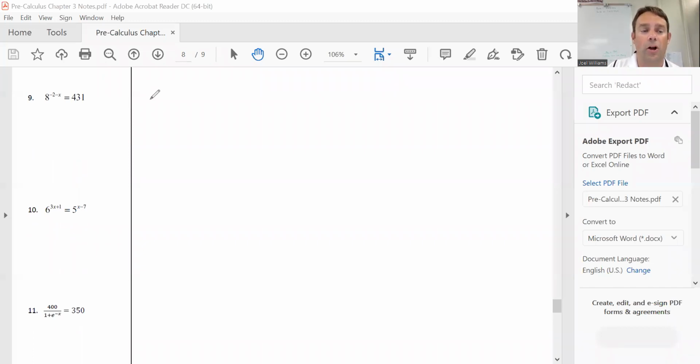I'm going to go ahead and log both sides. So one way would have been to go ahead and log both sides. So I get log of 8 to the negative 2 minus x equals log of 431.